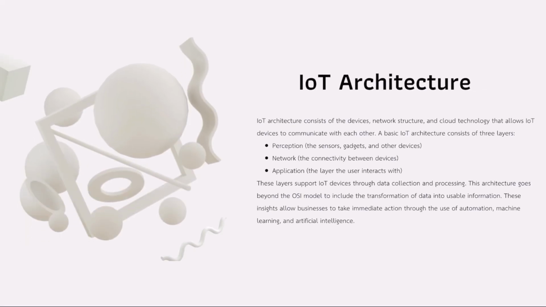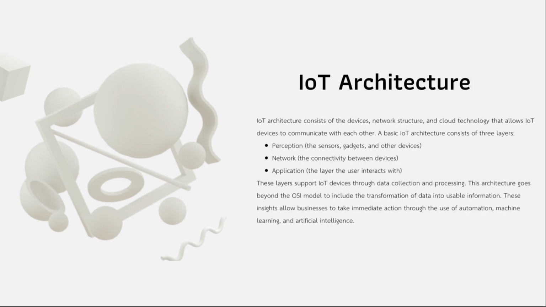IoT architecture consists of the devices, network structure, and cloud technology that allow IoT devices to communicate with each other. A basic IoT architecture consists of three layers. The first, perception, such as the sensor. The second, network, to connect between devices. The third, application, the layer the user interface works with.